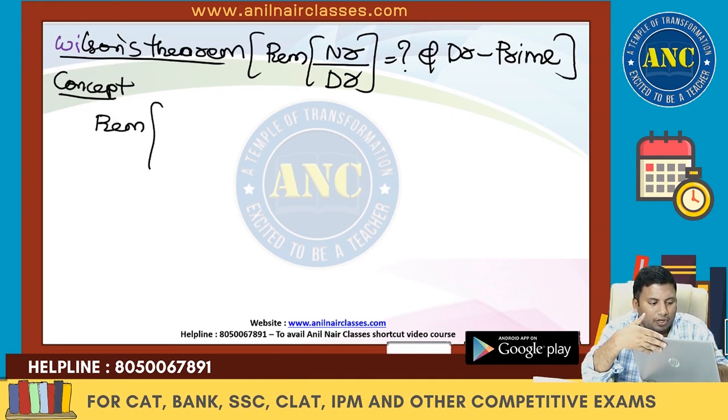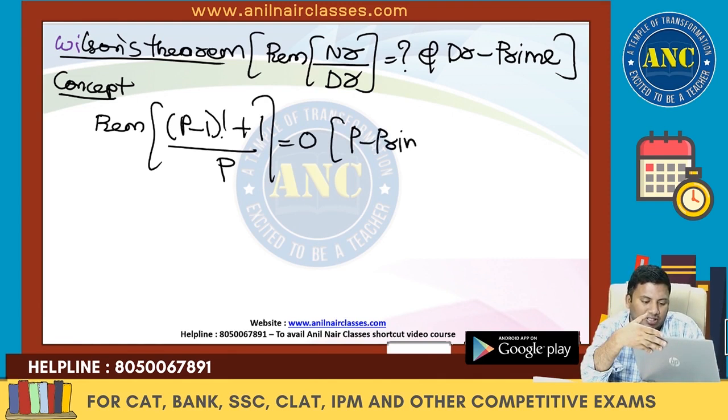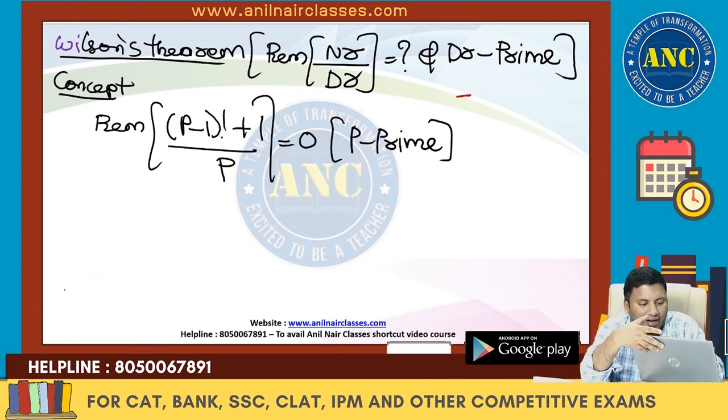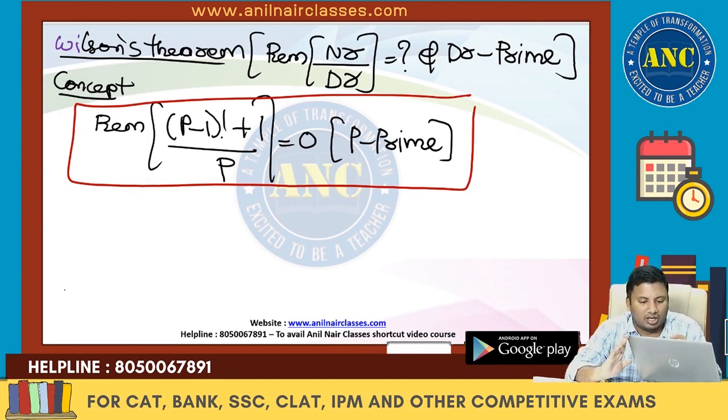Remainder when (p minus 1) factorial plus 1 is divided by p is 0, when p is a prime number. This is the theorem.